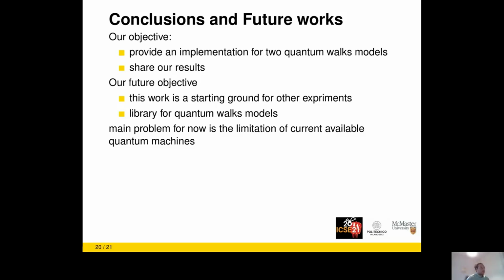Talking about the future, our aim is to build a library for quantum walk models to make them accessible to everyone. For sure, this is an ambitious goal, and this work is just a starting ground to do more experiments, to understand this field better, and also to understand the limitations that we currently have with the available quantum machines.